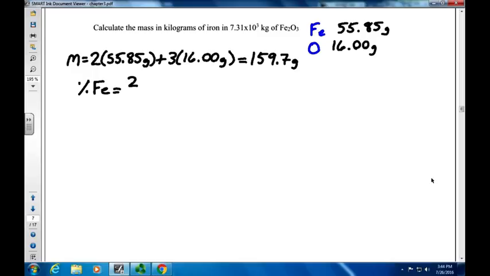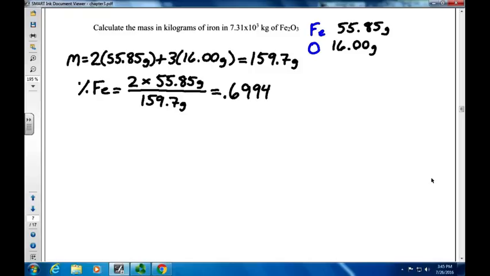So percent iron is 2 times, because there are 2 irons, the mass of iron, which is 55.85 grams, over the mass of the molecule, which is 159.7 grams, which would equal some low amount, which is 0.6994.